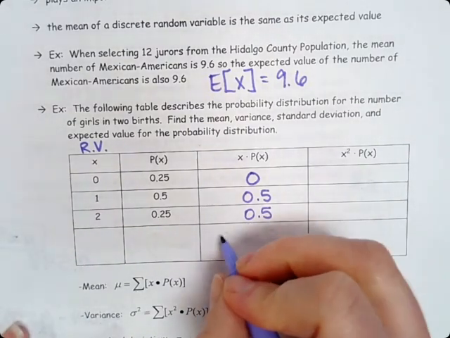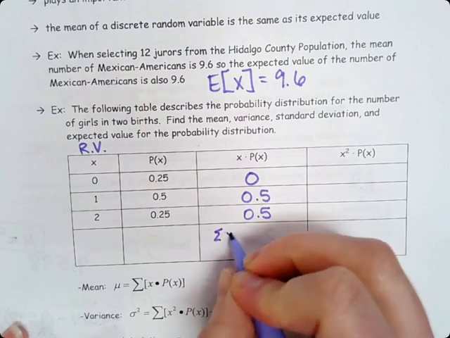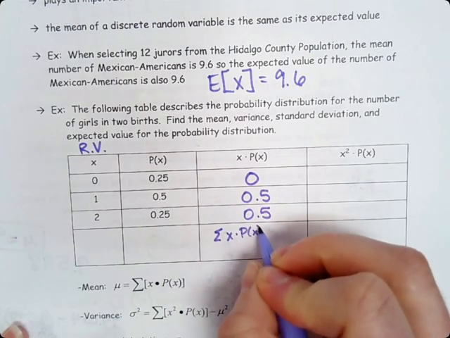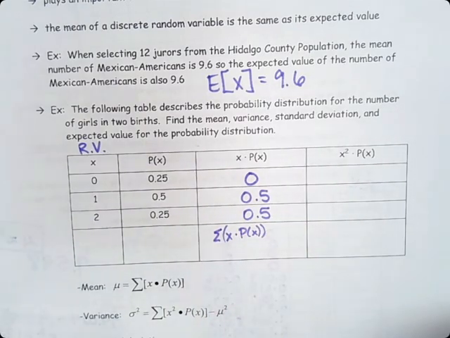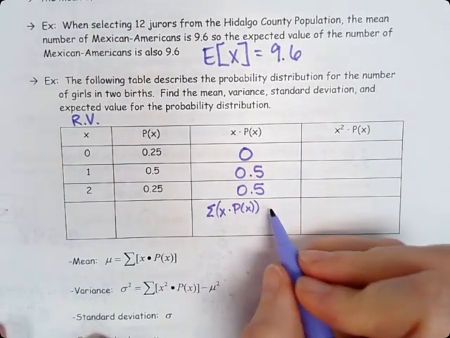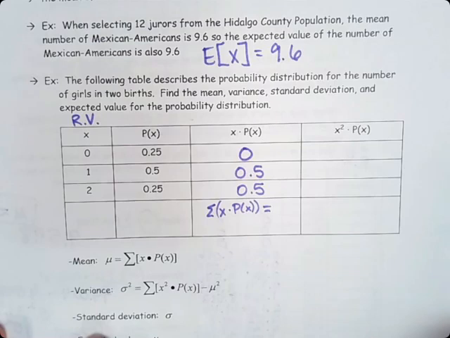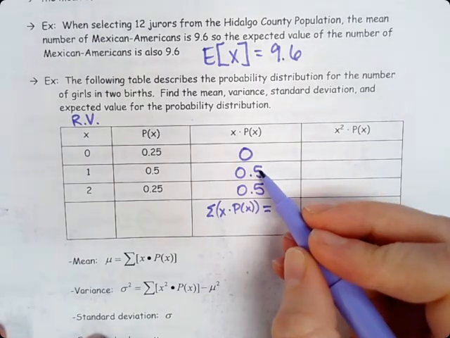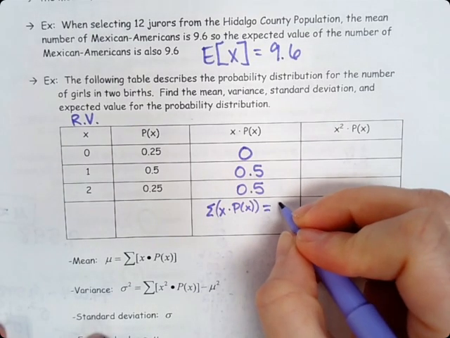So let's find the summation of X times P of X. That's adding those together. Add half and half, make 1.